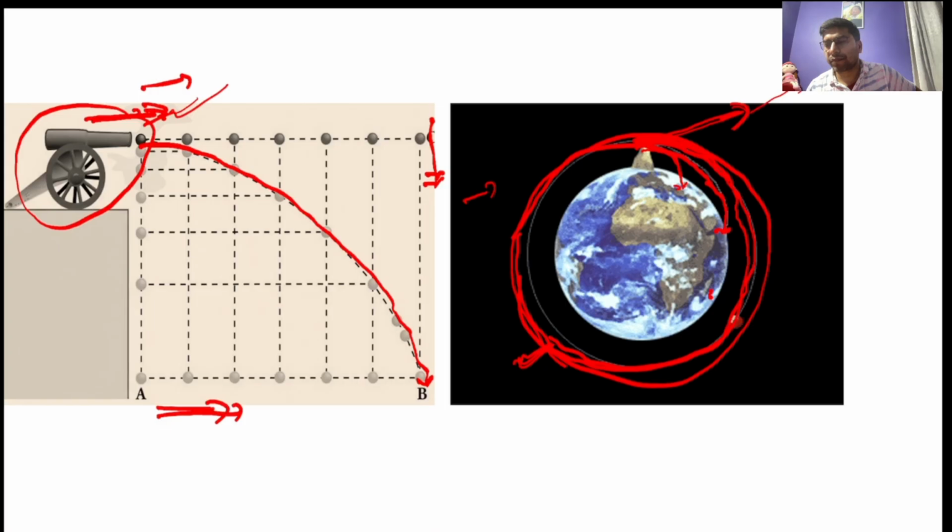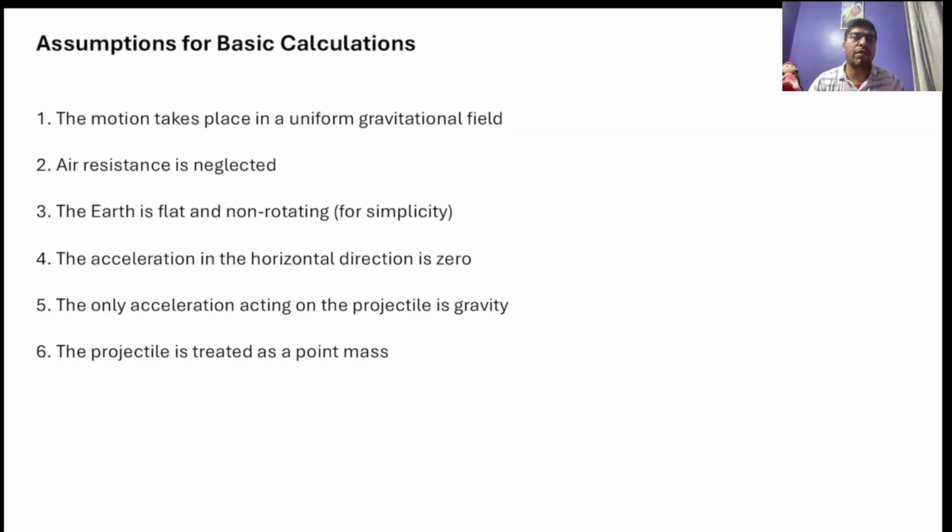Clear? Great. So now we have to consider some assumptions for the basic calculation of projectile motion. Motion takes place in a uniform gravitational field. So here is one assumption we have to take: while calculating height, range, etc., we'll consider that along a small height, acceleration due to gravity remains constant.